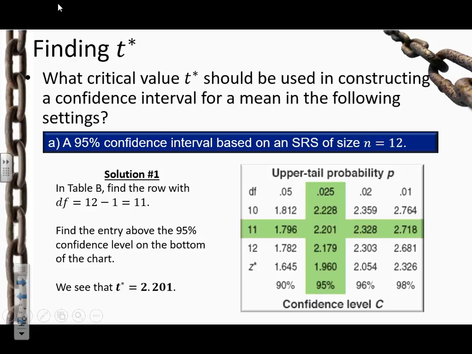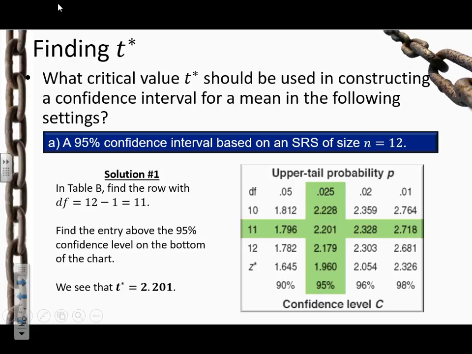Now, here's a way to check yourself on a test or quiz if you think you found the right t-star. Think about the z-star. If I were to find the z-star for a 95% confidence level, what would it be? 2, or if we use the exact, 1.96, right?